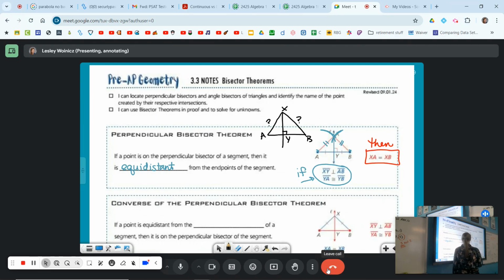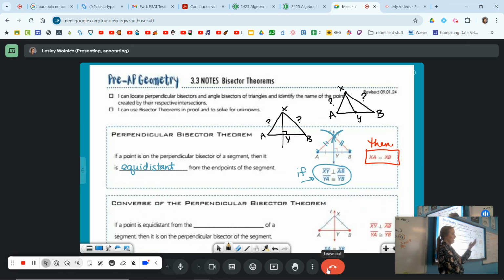All right, here's another one. Ready for another picture? If I were you, I would draw these. Okay, here's A and B. Here's my Y. Here's my X. Can I say that AX and BX are congruent segments?